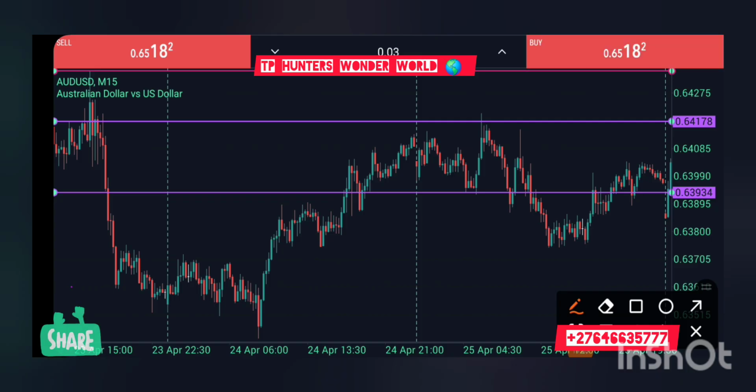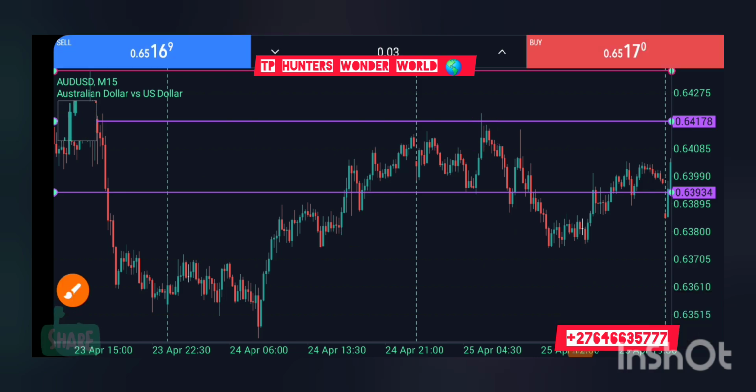It was bullish. Price went up to retest this level for the second time. Why did price come back to test this level for the second time?